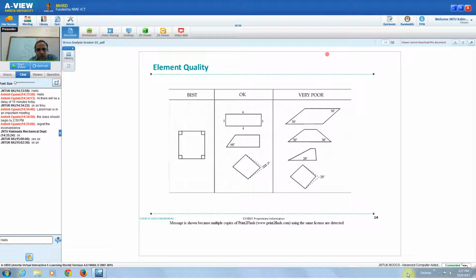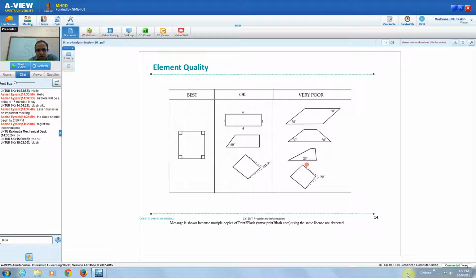Now coming to element type and quality. If you take a 4-noded quad, this one is the best and perfect in quality. Some of these are okay, very near to best, but these are very poor.